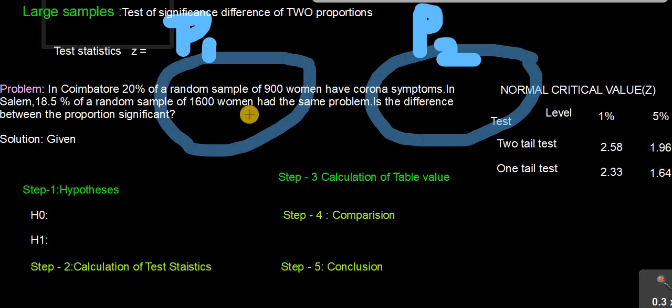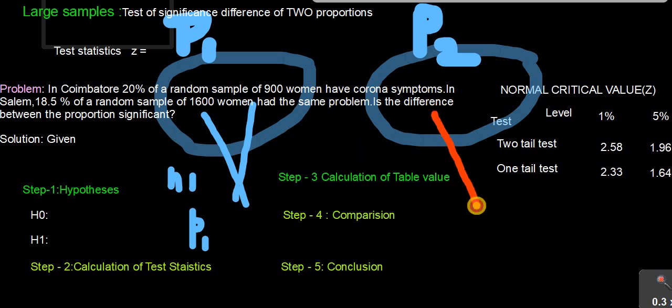For that, we take some samples from this population. Suppose it is n1 size of the samples whose proportion is P1, and we take another sample from this population, with sample size n2 and proportion P2.